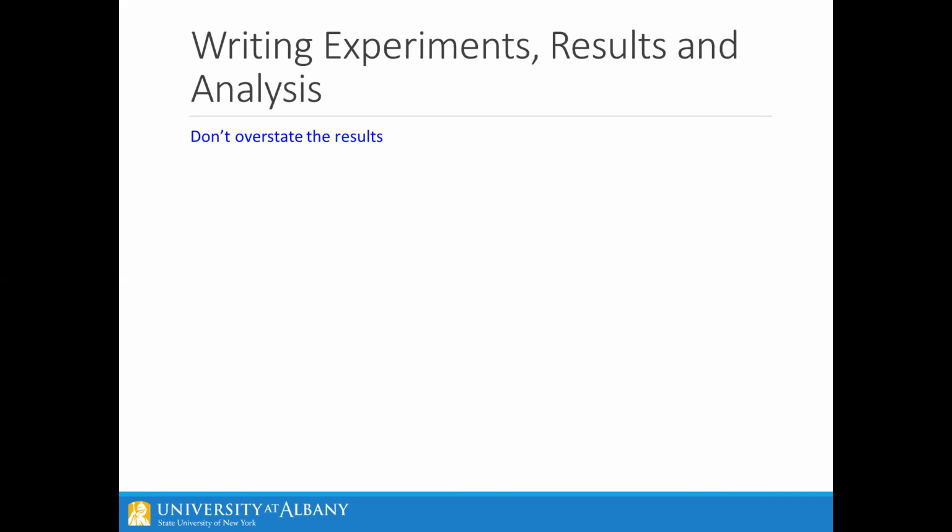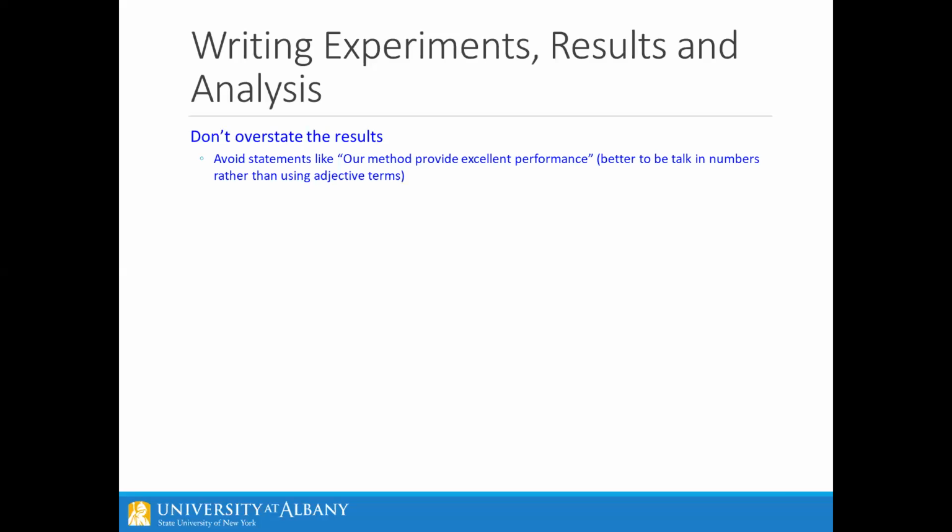Okay. Other than that, we should be careful about writing experiments. We should not overstate the results. We should not say that, okay, our method provides excellent performance. It's better to talk in numbers rather than using adjective terms and so on. So we should avoid overstating the results.